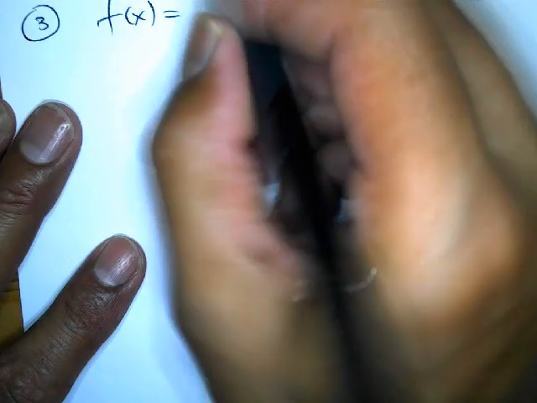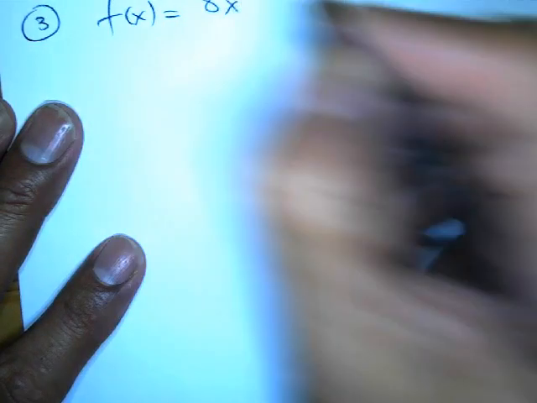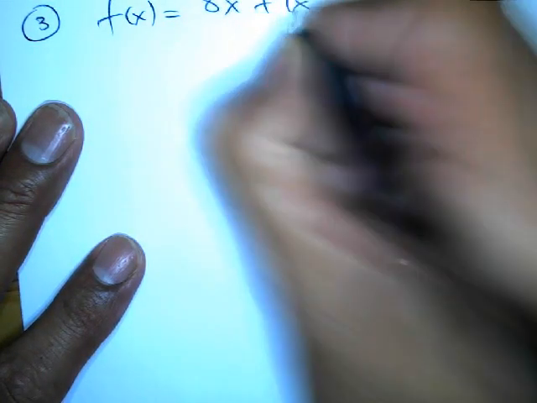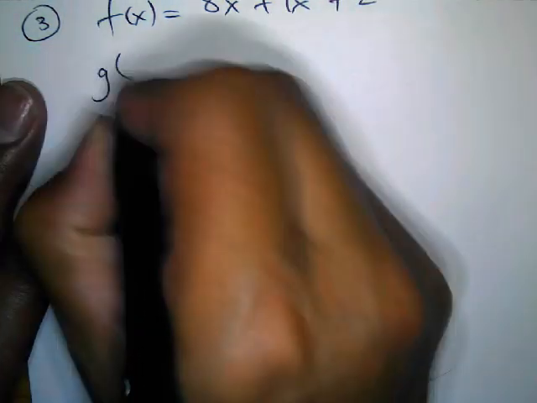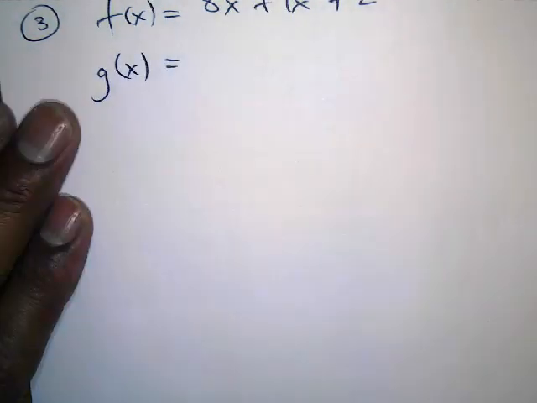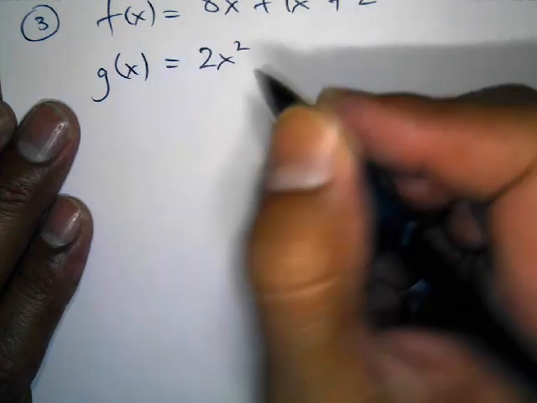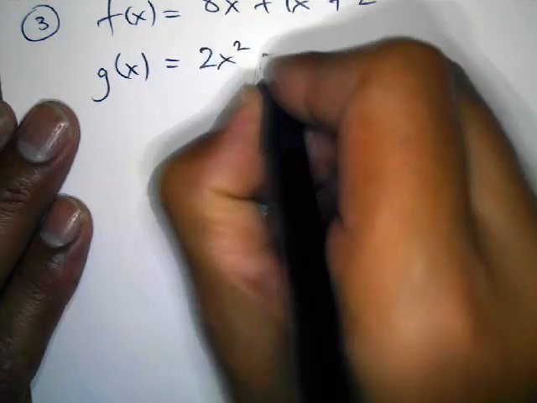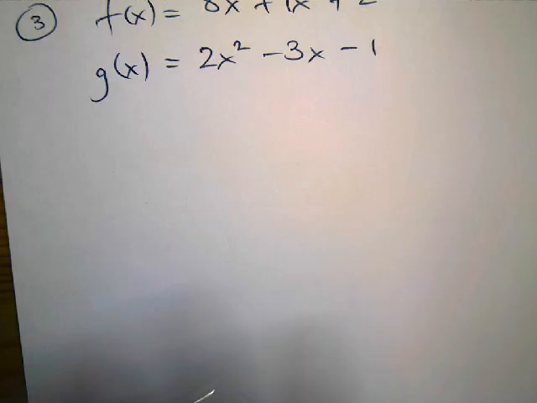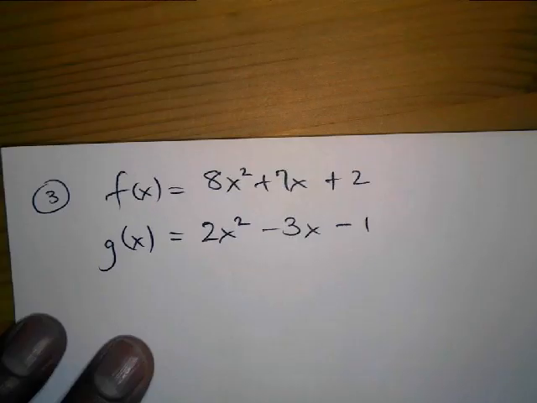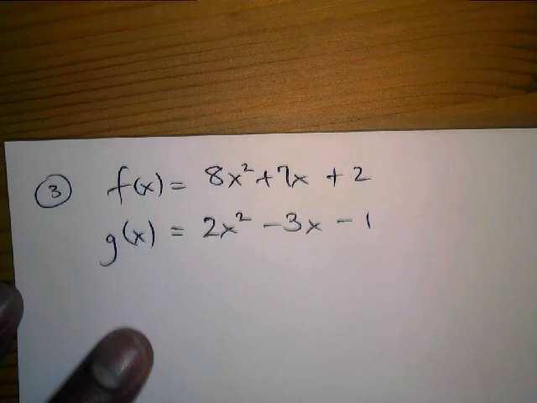All right, moving on to number 3. Now here's where the notation comes in. Well, number 3, what if they write it like this and they tell you f of x is equal to 8x squared plus 7x plus 2, and g of x is equal to 2x squared minus 3x minus 1.